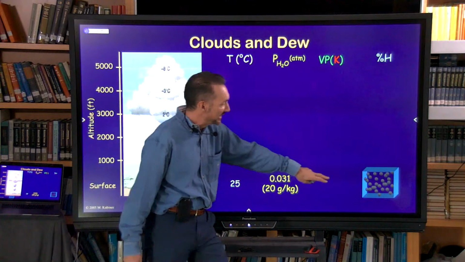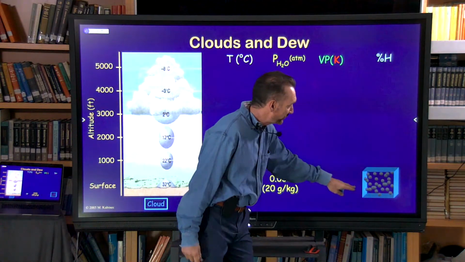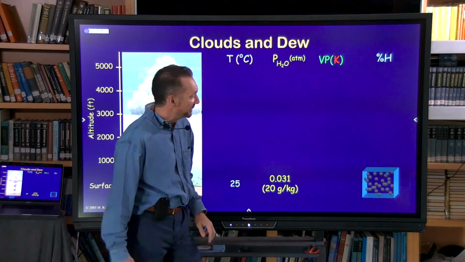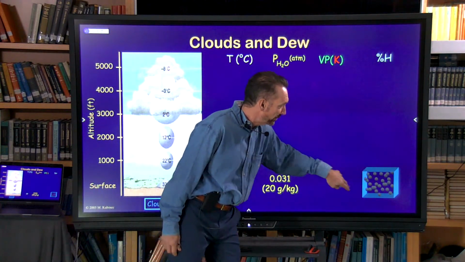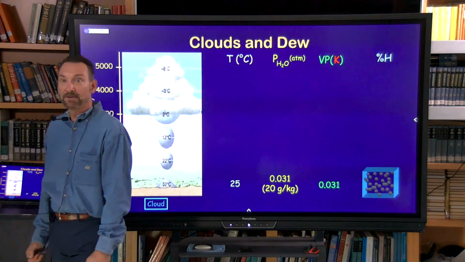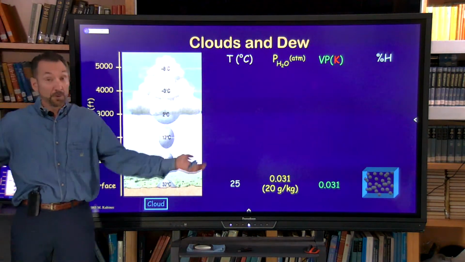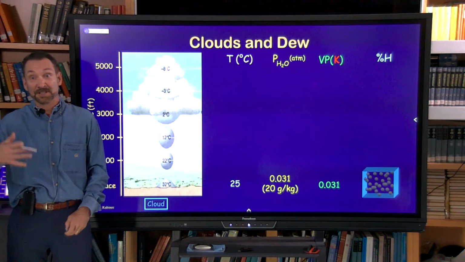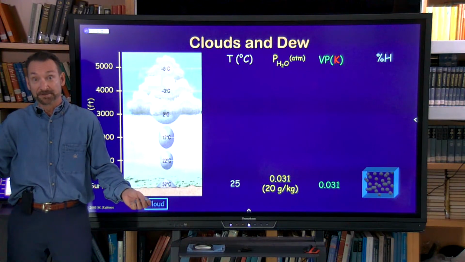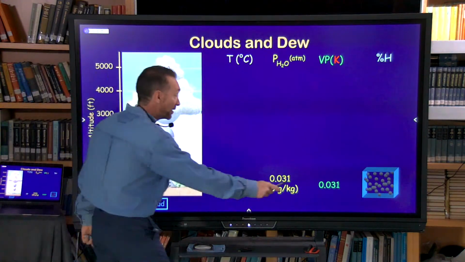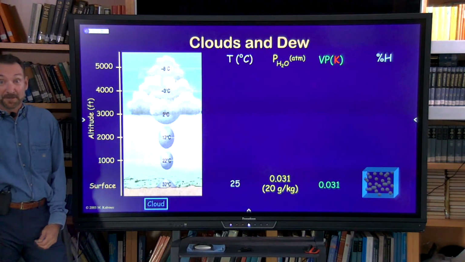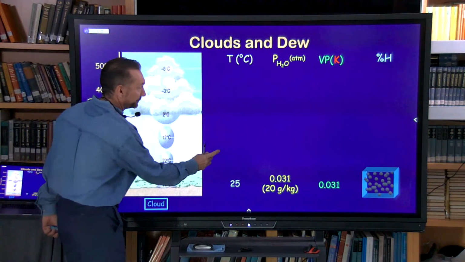So here's my 800 liter chunk of air, and there's enough water vapor, those gray particles, to make 0.03 of an atmosphere of water vapor pressure. There's also the pressure from the N2 and the O2. That's what gets us to about 1 atmosphere. But the water vapor partial pressure is 0.03 if I'm at equilibrium and I'm saturated.